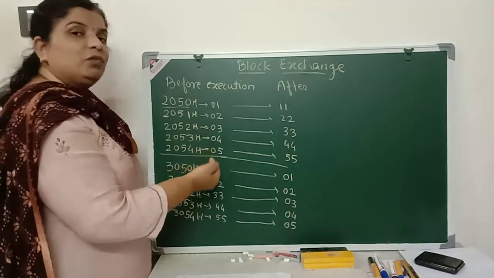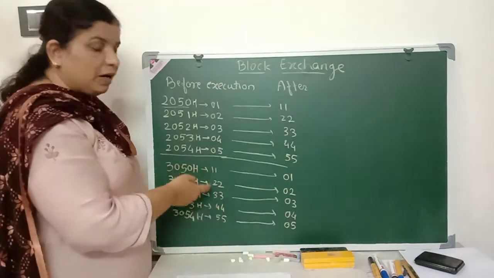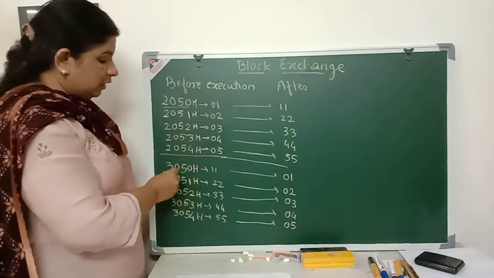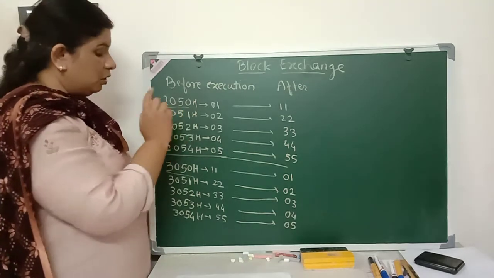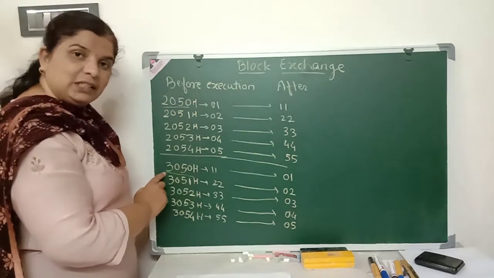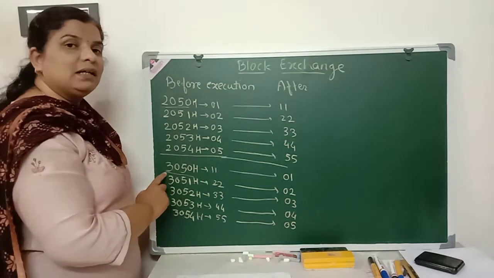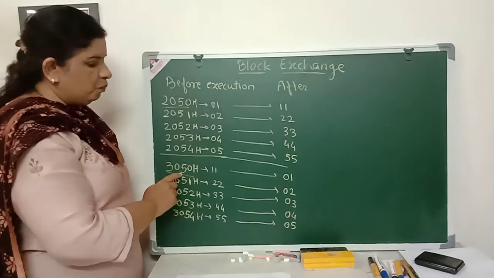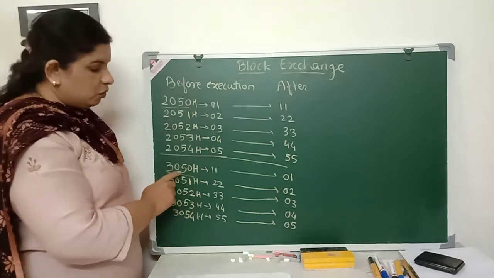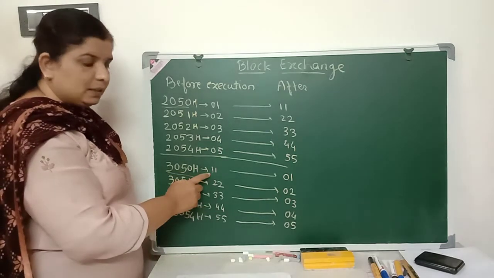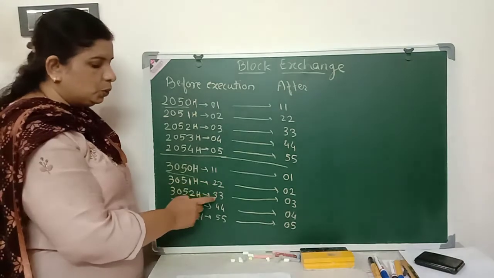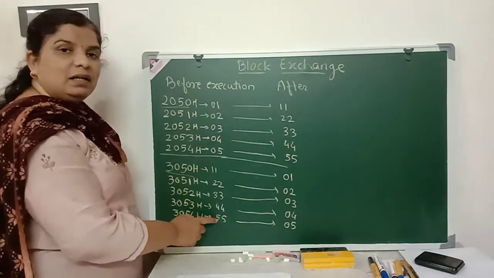Okay. Similarly, another 5 numbers we have stored starting from another memory location. Here the starting address is 2050, whereas for the next block we have taken the starting address as 3050. From 3050 we have stored different numbers. In this case I have taken the example of 11, 22, 33, 44, 55.